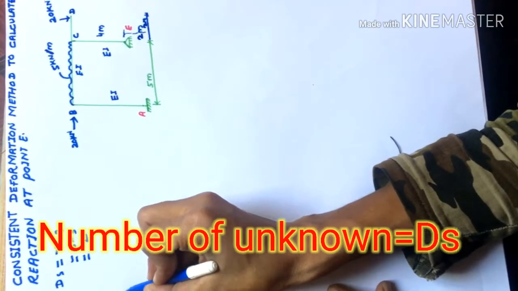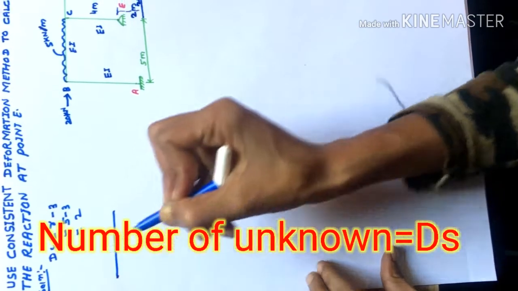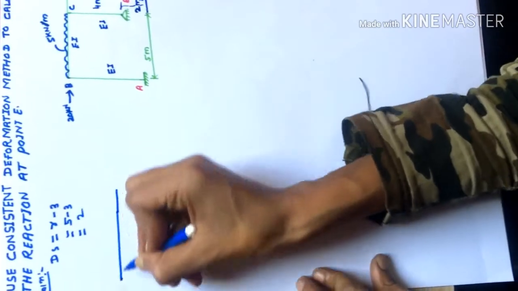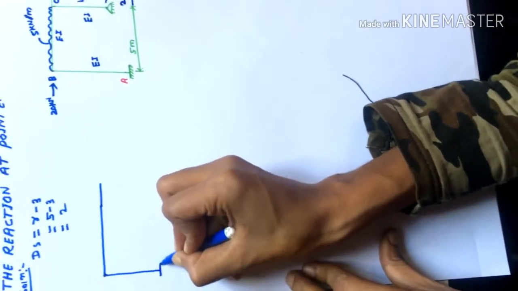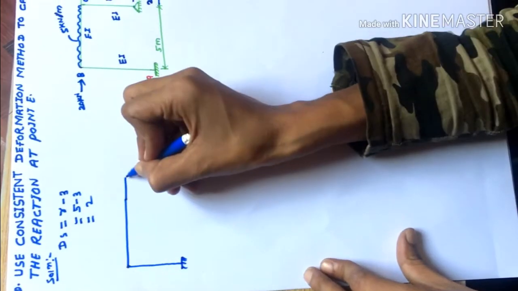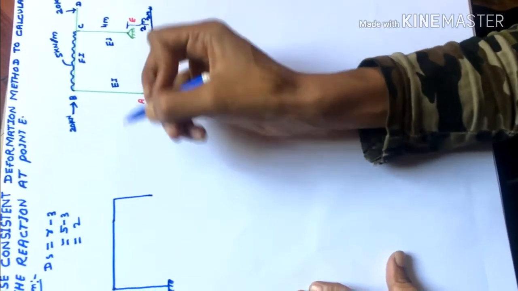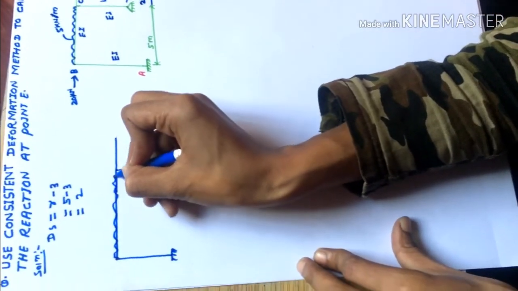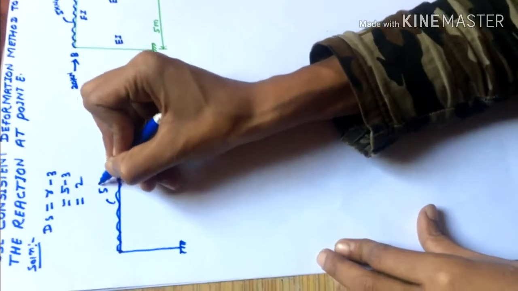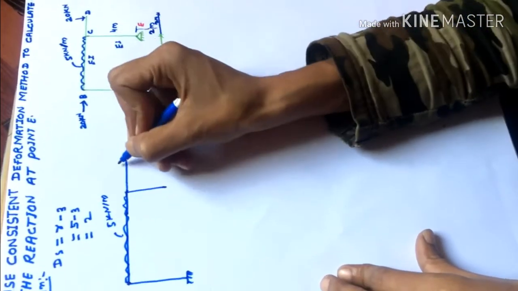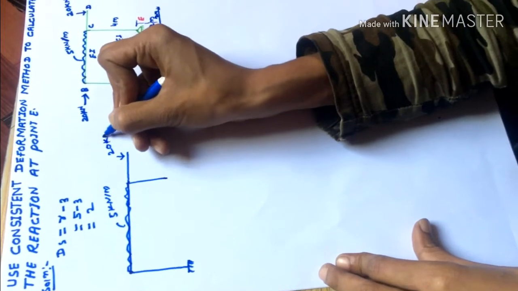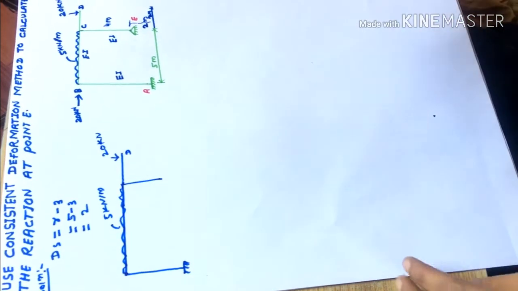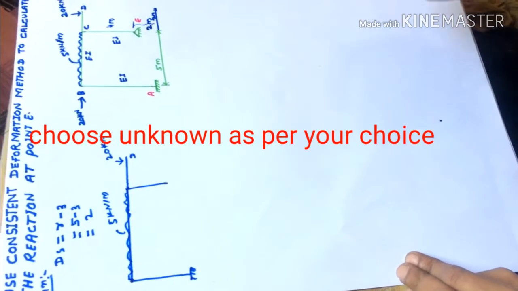Here let us redraw this frame. 20 kilonewton is acting at point D. Here we have to remove restrictions to convert this indeterminate frame into a determinate one.